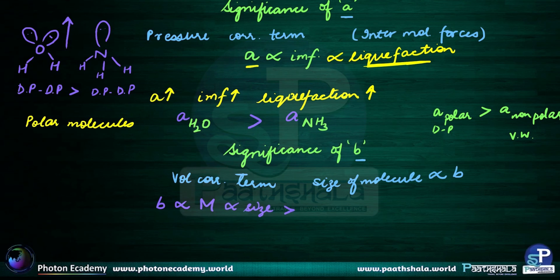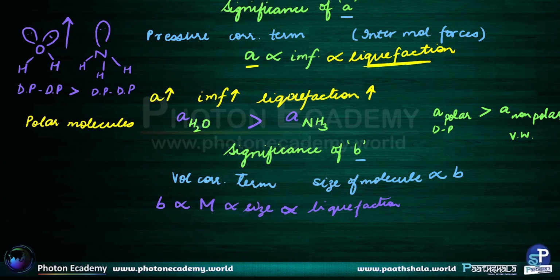As the size increases, the van der Waals forces between the molecules increase, and therefore liquefaction would also increase. So for B, basically it is proportional to the size of the molecule.